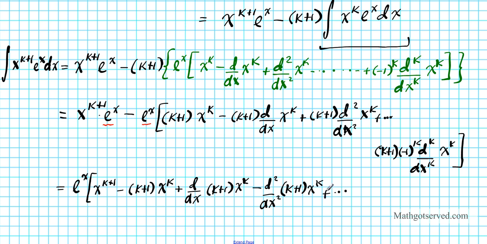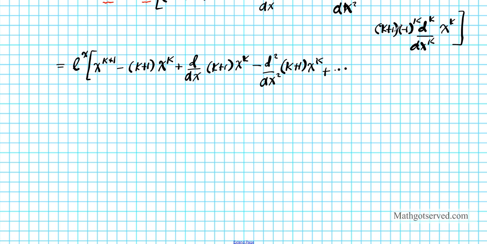Plus and so on. And the last term, same thing is going to happen. I'm going to move this k plus 1 in there. But note, another thing that's going to happen is when I multiply negative 1 times this power right here, negative 1 times negative 1 to the k, is basically going to become negative 1 to the k plus 1, using the product property of exponents. You add the exponents.